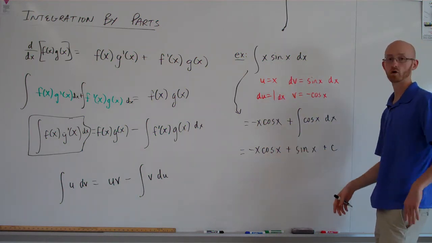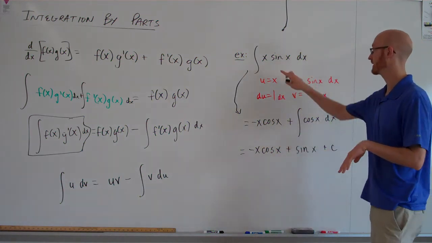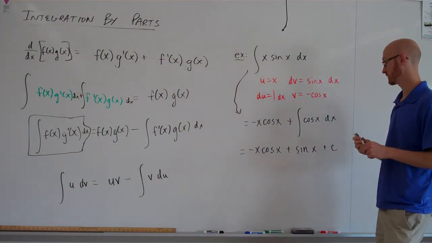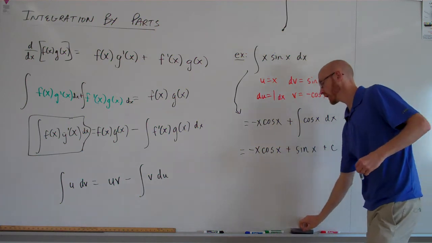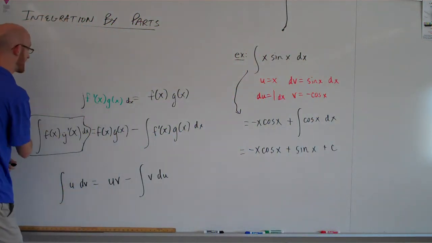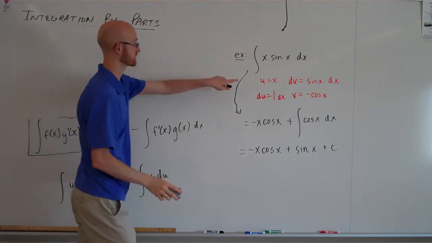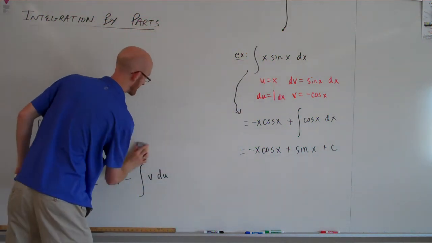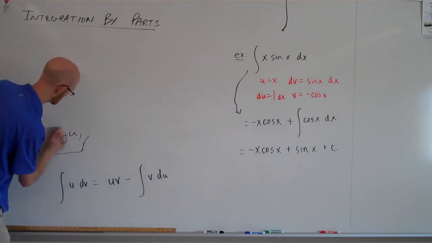And yes, it would involve a product rule, but anyway, you'd end up with x sine x when you take the derivative of that. So our task will basically be now figuring out how we can construct u, dv, du, v in such a way that it actually makes a more simple integral.